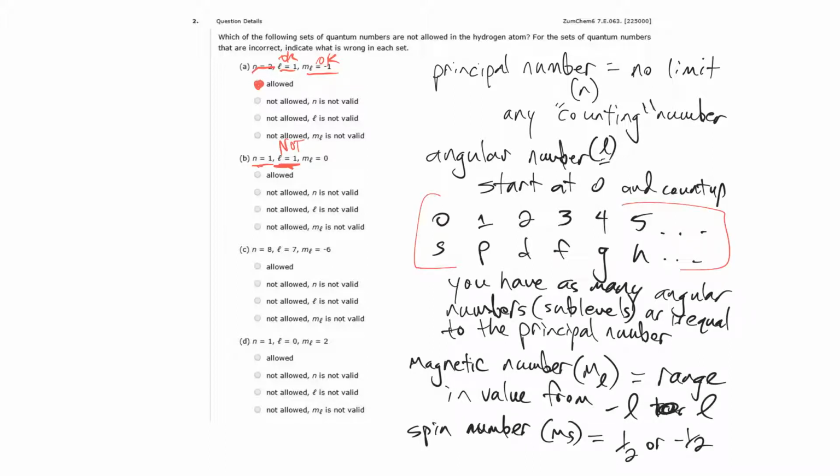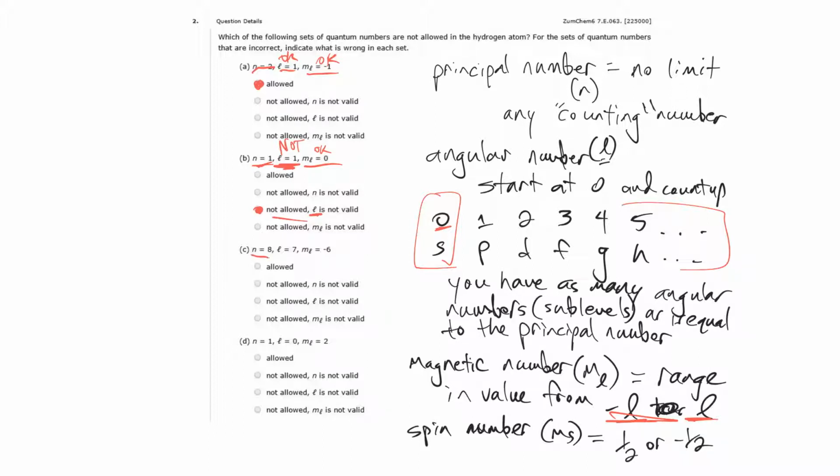If your principal number is 1, then the only sublevel that can exist is the one that has an angular number of 0. So that's not okay. Let's analyze the magnetic number just for kicks. Can you have a magnetic number of 0 if your angular number is 1? Yeah, that would be okay, because it falls into the range of negative angular number to positive angular number. So for question B, this is not allowed because the angular number is not valid. That's a problem.